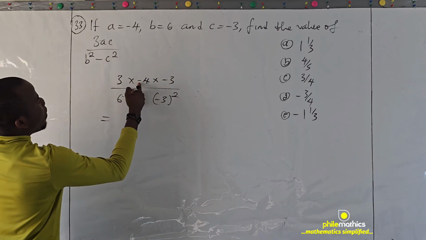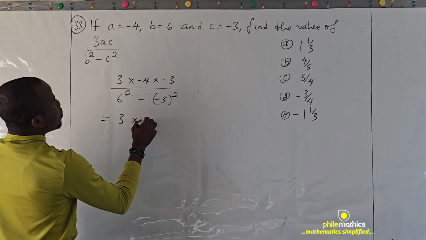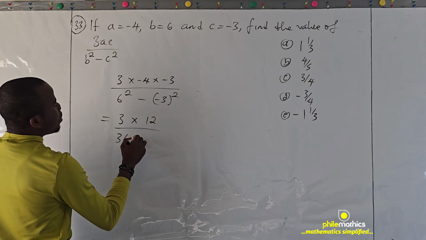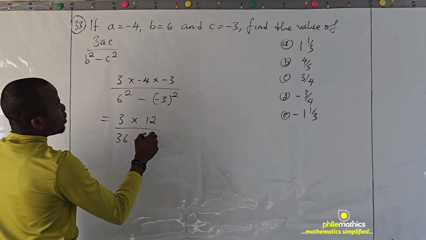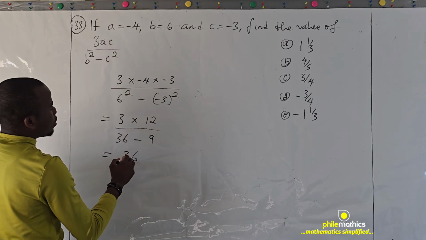This minus is plus. 3 times 12, C squared is 36, minus 3 squared is 9, and so this is 3 times 12, which is 36.